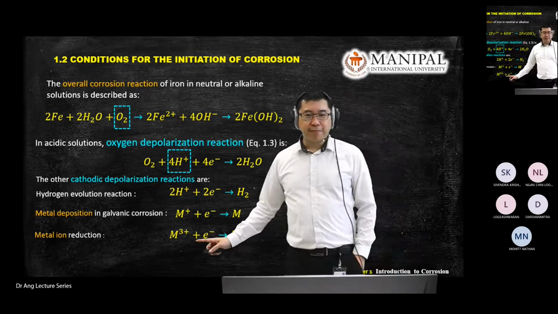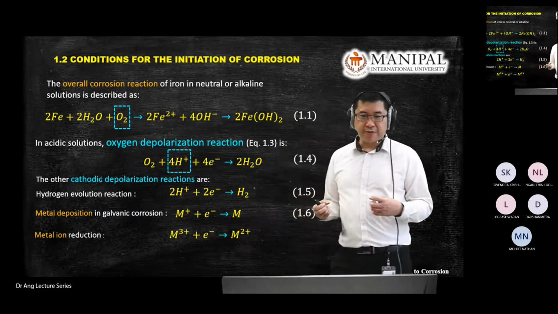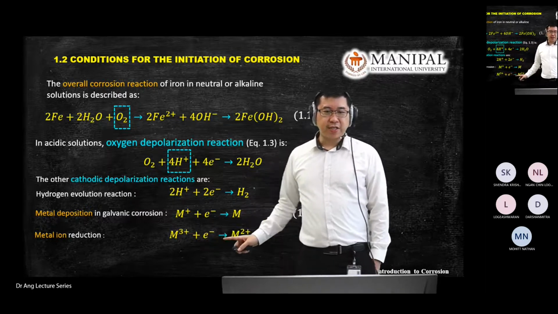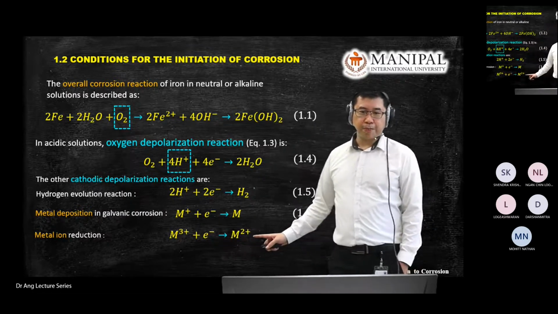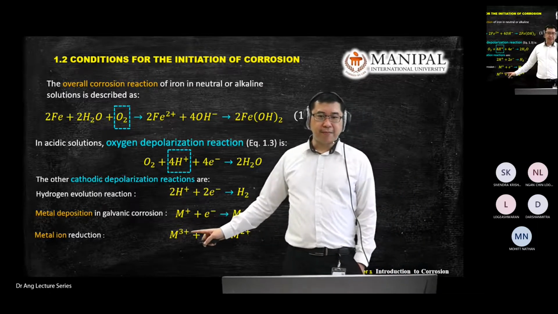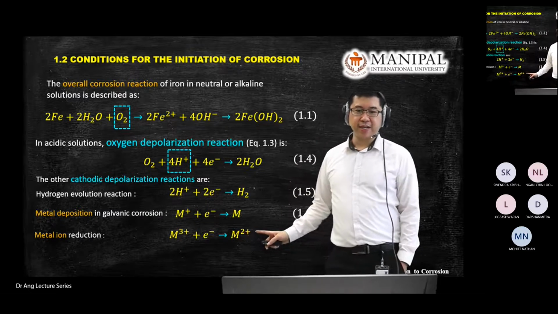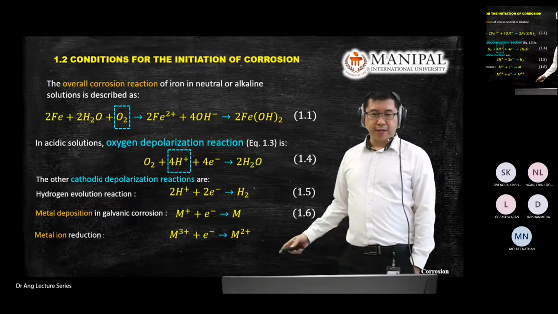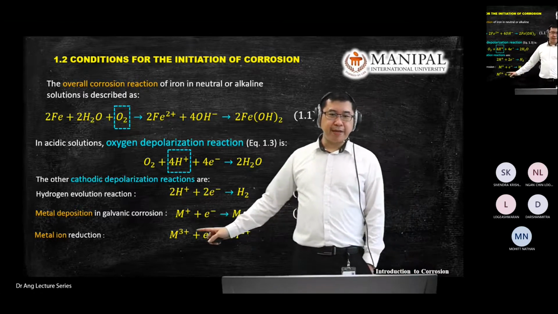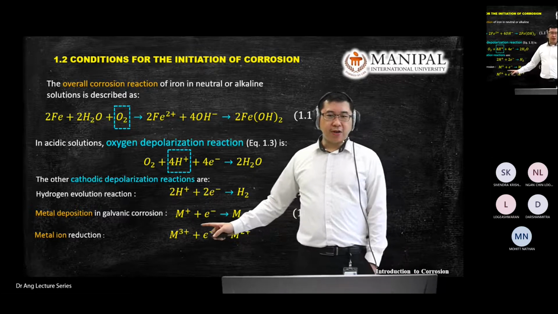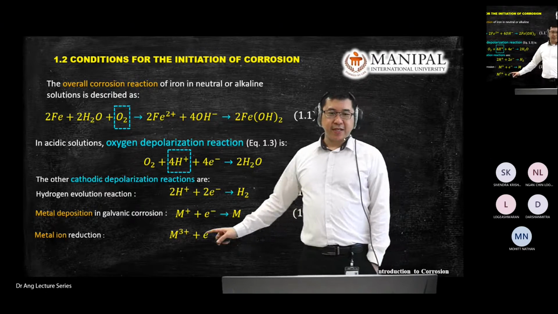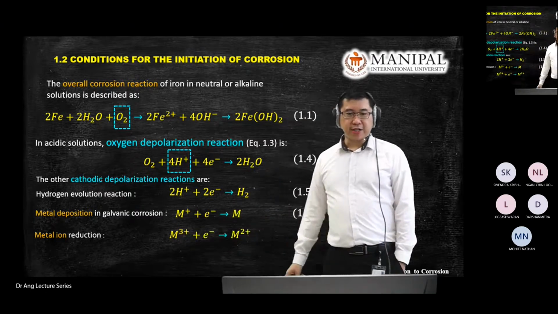So when 3 plus receives 1 electron, you get 2 plus, meaning less positive charge. When 3 plus becomes 2 plus, or 4 plus becomes 3 plus, or 2 plus becomes 1 plus, the process is called metal ion reduction.